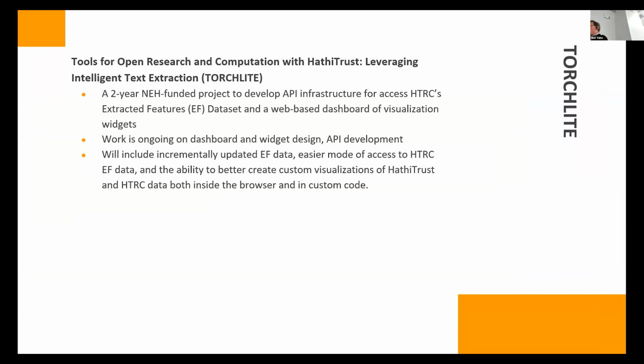So we have this extracted features data set. It is very big. It's 17 million volumes, 2 trillion tokens. We were fortunate enough to get a grant from the National Endowment for the Humanities to make that big collection more useful.